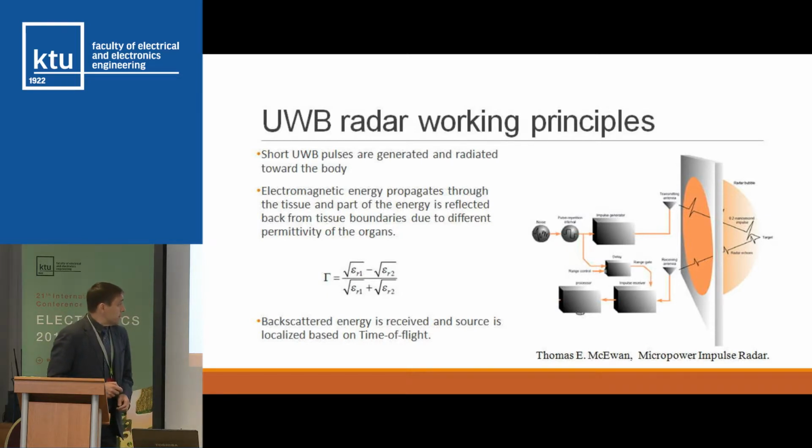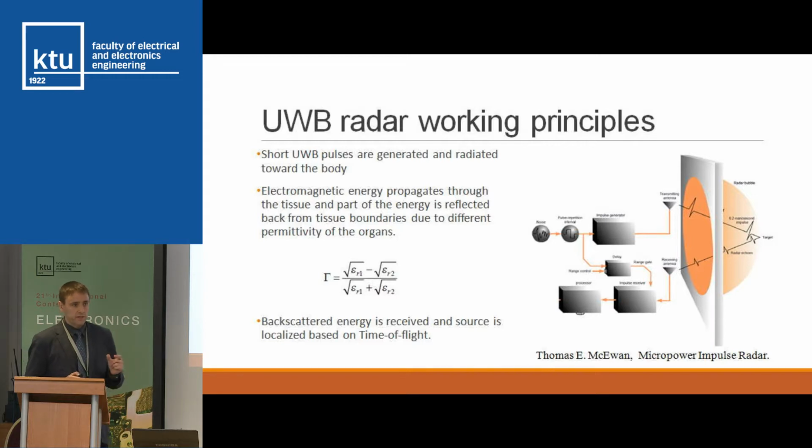And receiving the signal actually works on a time gating receiver principle, where we generate an impulse. This energy is transmitted through the antenna towards the object. Part of the signal will be reflected back, and here we have a correlation receiver which is capable of detecting the signal very precisely in the spatial dimension.